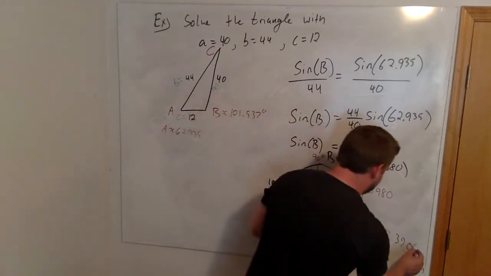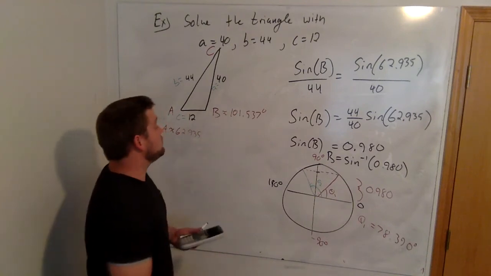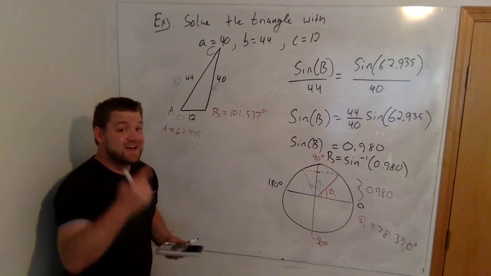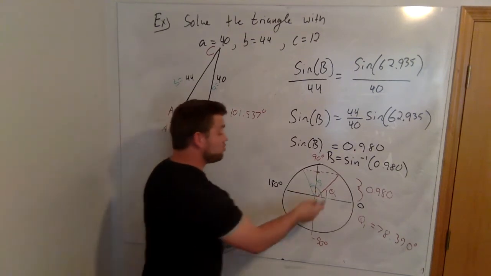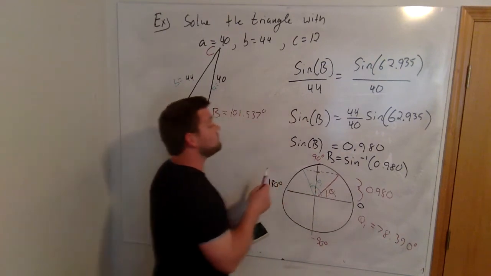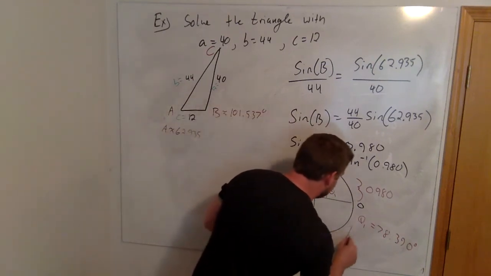Well, that's not what we got over here. The angle that we actually needed was the obtuse angle, and because I used the law of sines, I had to mentally check which one I wanted. Sine inverse is only going to tell you the acute one. If I want the obtuse one, I have to do extra work.